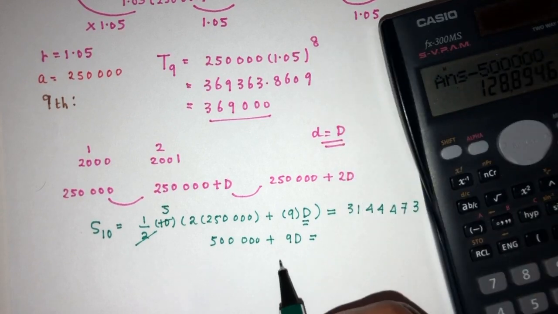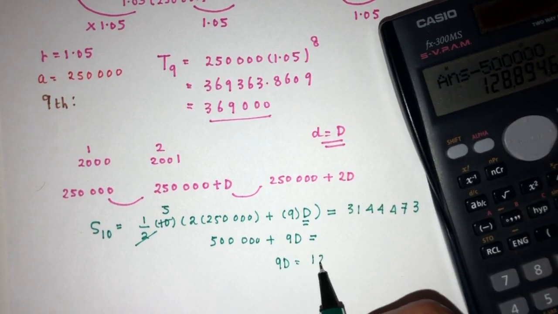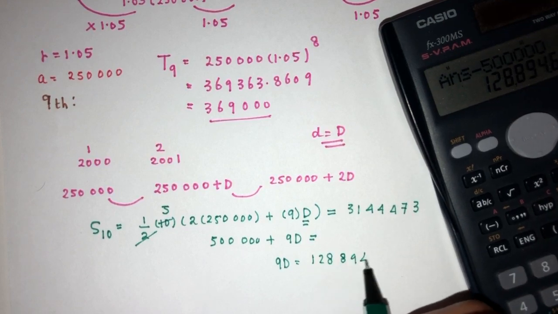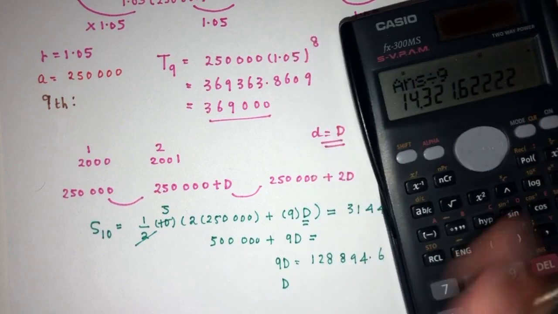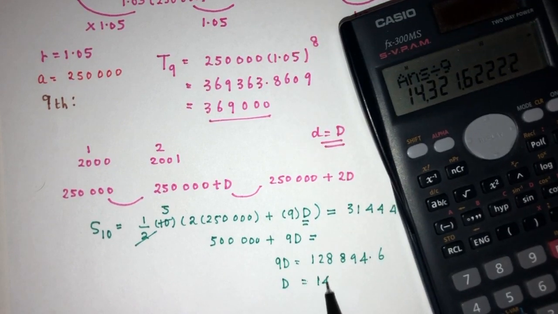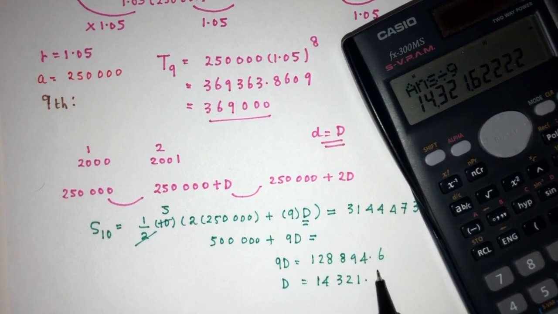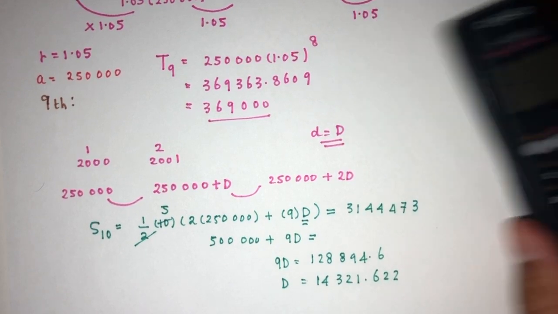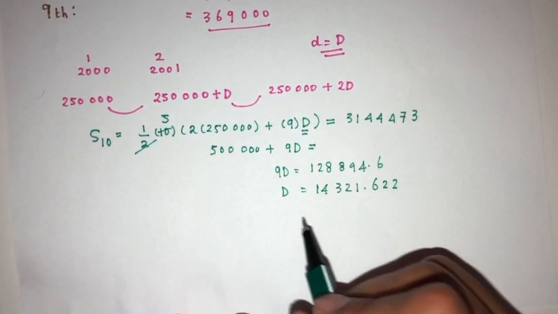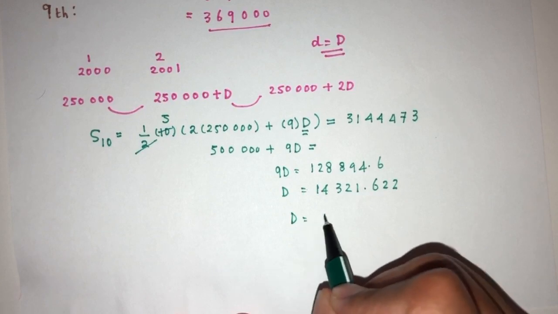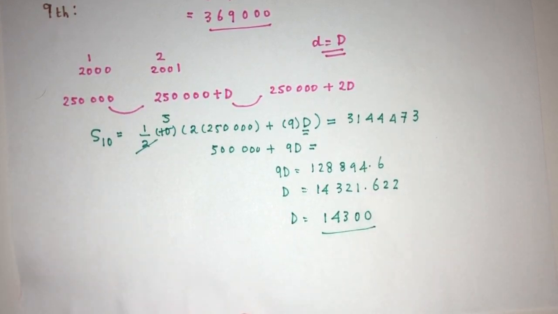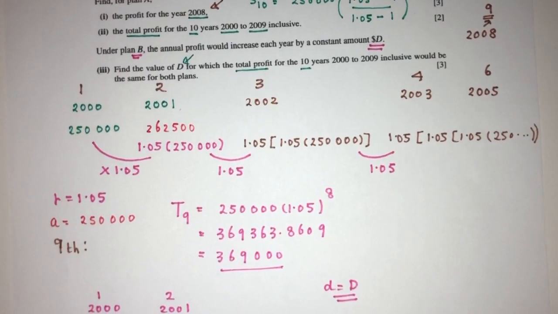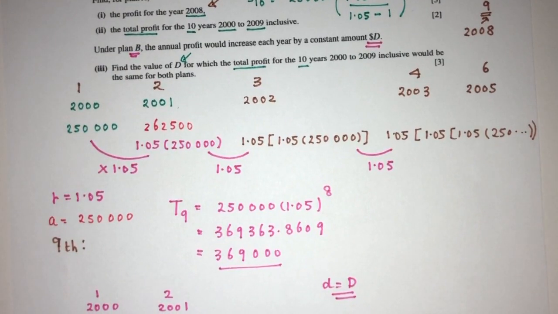So we have 9d is equal to 128,894.6. So d has to be what? Divided by 9. That should be 14,321.622. Now it is not exact, so correct to 3SF. We can write 143,000. Okay, and that will be your question for series regarding geometric and arithmetic progression.